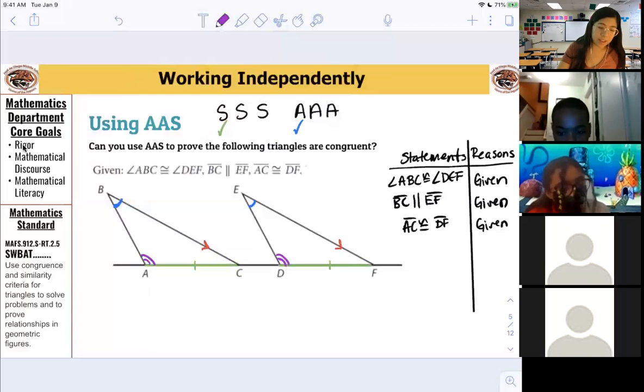Yeah, okay. That's right. So Tyrone kind of realized in his head, we don't know anything about if BA and ED are parallel to each other. So since we don't know anything about that, we can't make any assumptions about angle D or angle A.